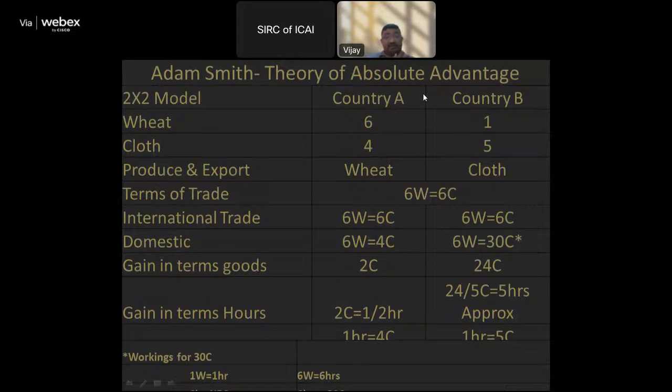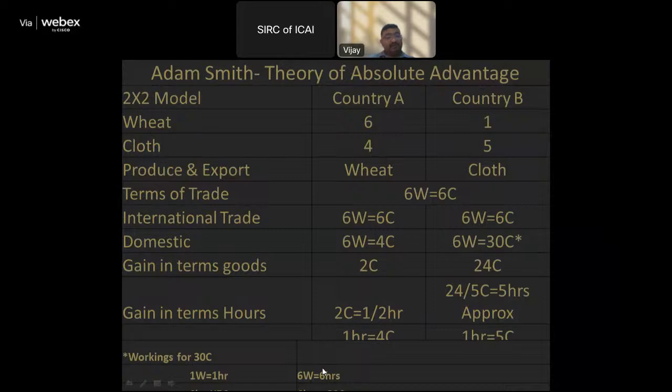That means I can produce 24 cloth yards. The gain on account of international trade is 24 cloth yards. In 1 hour I can produce 1 wheat. For producing 6 wheat in country B, I need 6 hours. With those 6 hours, I am not producing wheat in country B; I am planning to produce cloth.